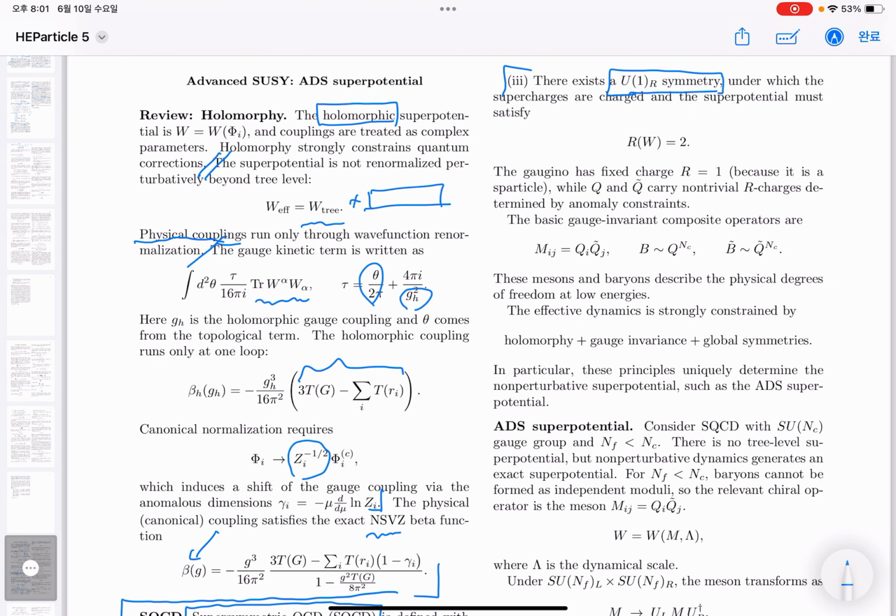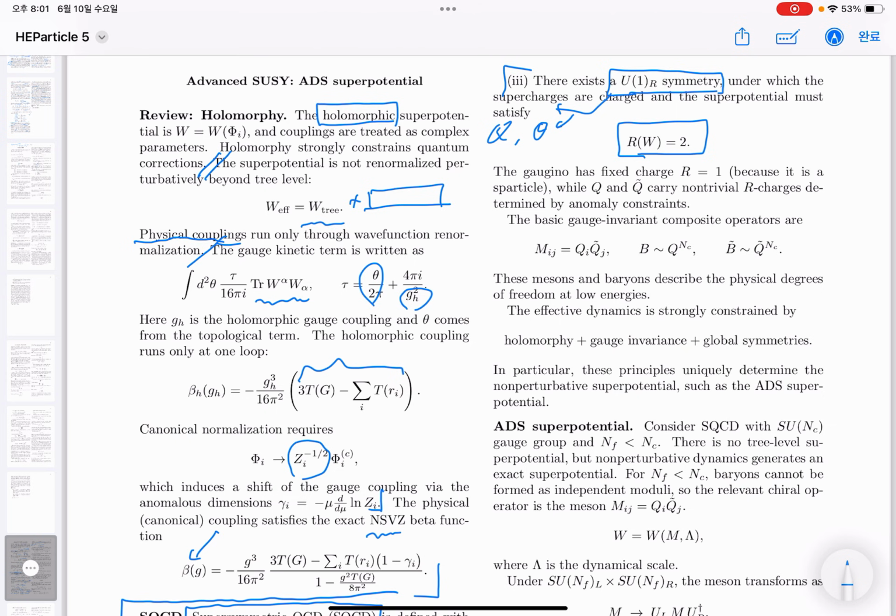This R symmetry gives the specific supercharges, and for the superpotential, the R charge of the superpotential W is given by 2, because the supercharges or the Grassmann variables carry these R charges.